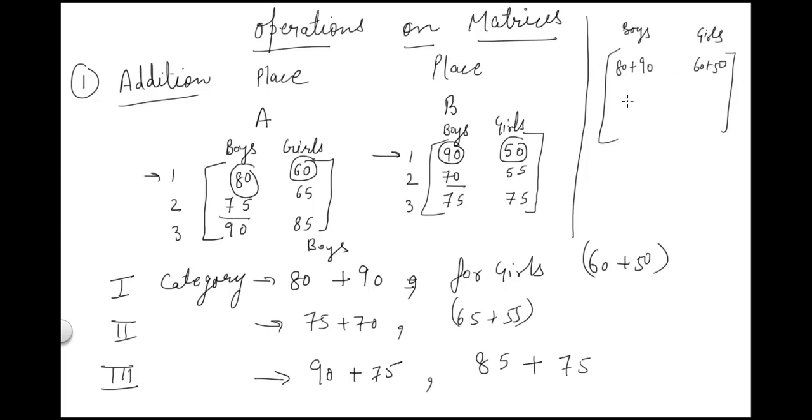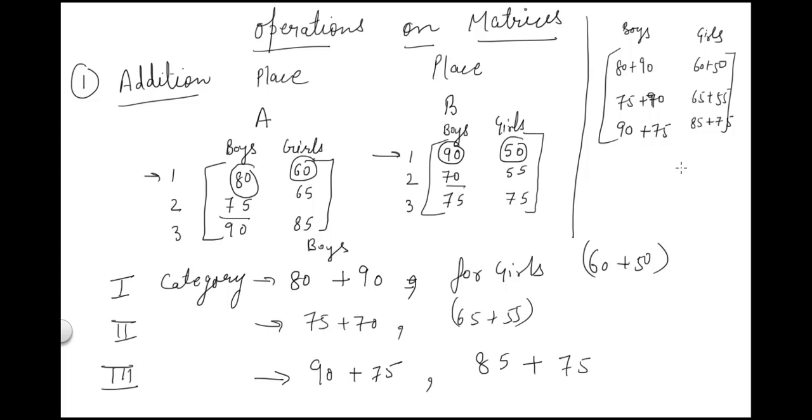So for boys the three numbers are 90 plus 75, here it will be 65 plus 55 and the last one is 85 plus 75. So see what we have done, we have actually added the corresponding elements of one matrix to the corresponding elements of another matrix.